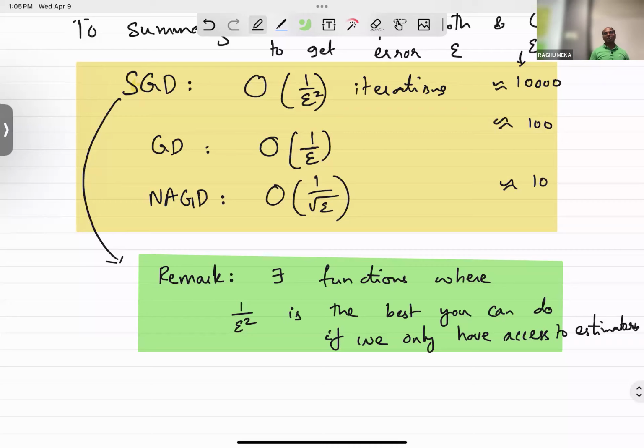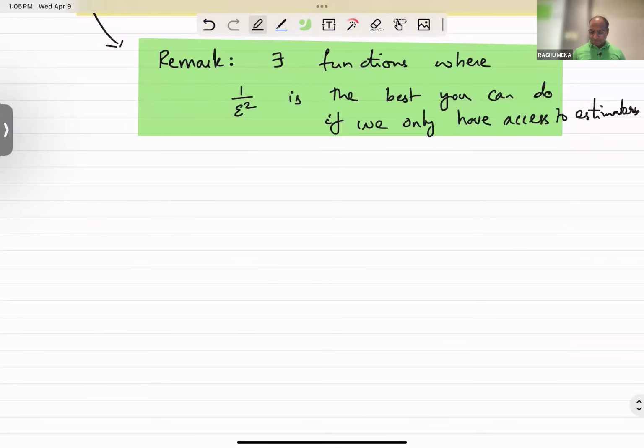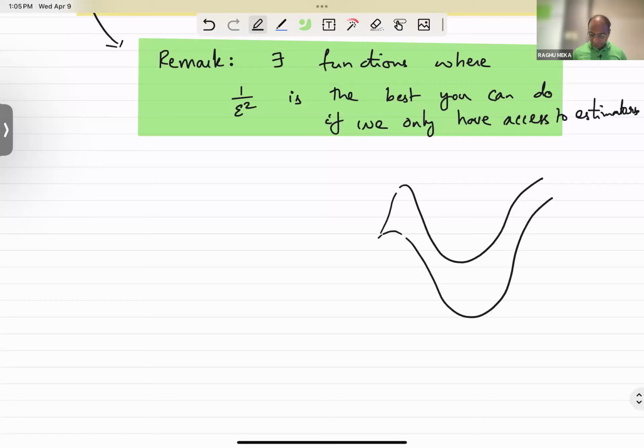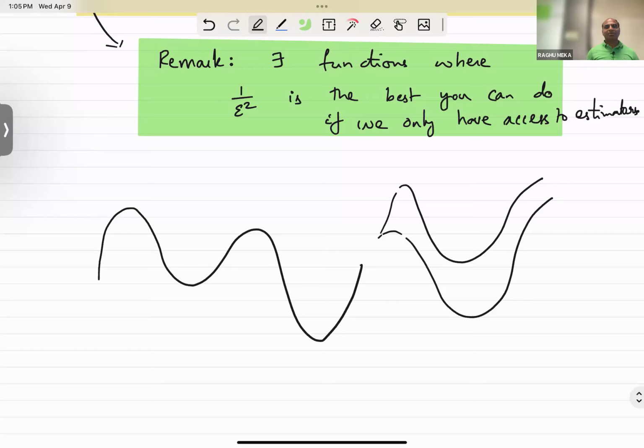And the intuition is that when your function is not convex, for example, sometimes, imagine I am at a saddle point. Or actually, think of it this way. So this is my function.